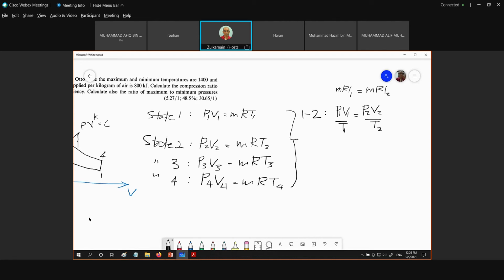But we do have an extra equation whereby T2 over T1 is equal to V over V to the power of K minus 1.